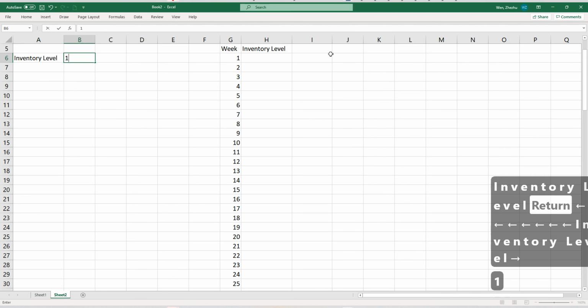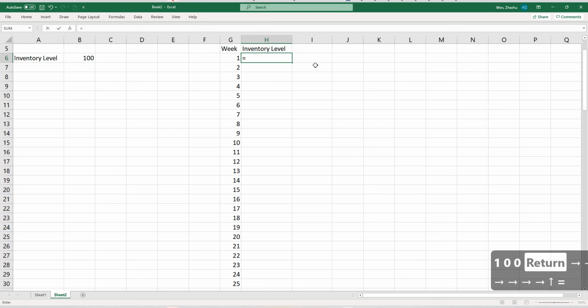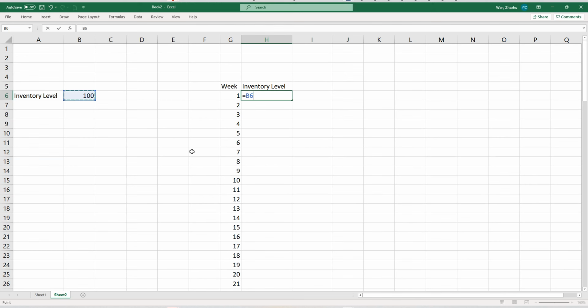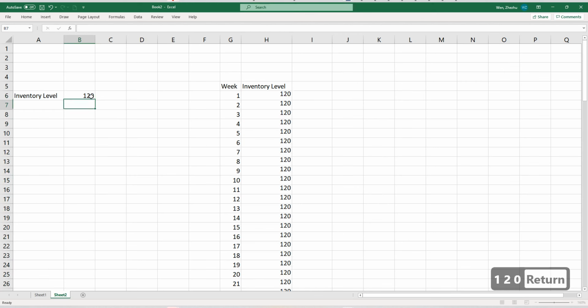Let's say just temporarily just put 100 as arbitrary number, and all the columns will be using B6 contents here. Double click. Okay, so whatever number you change here, that change will be reflected to all the 100 weeks period.